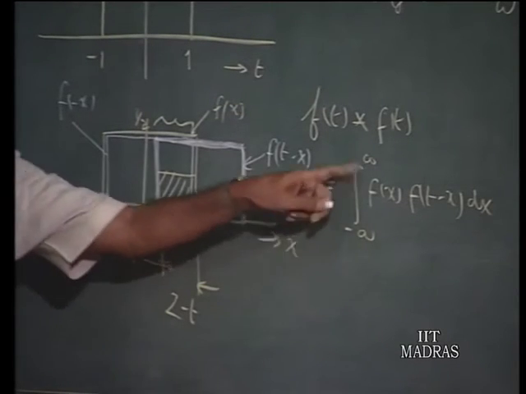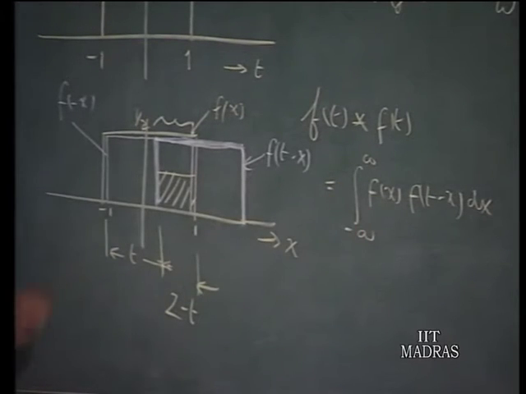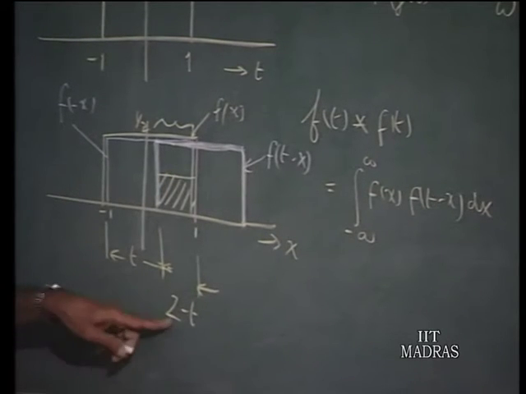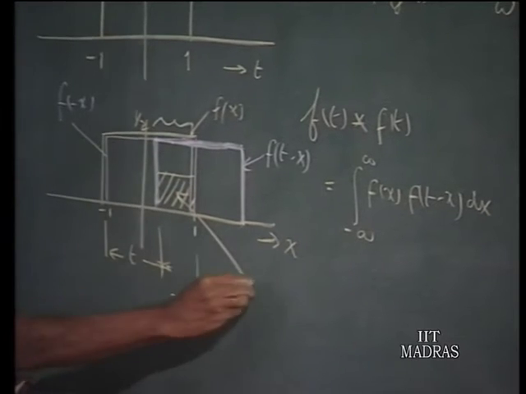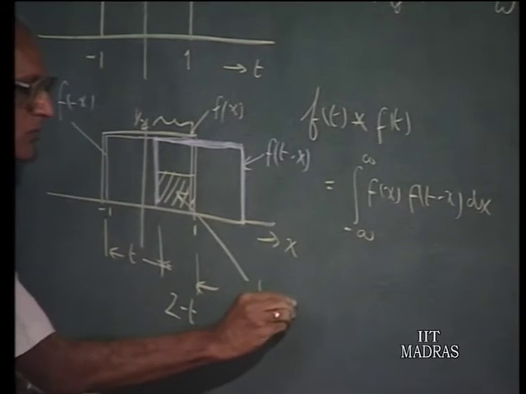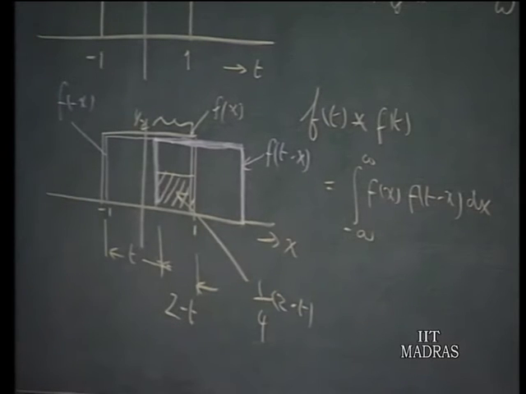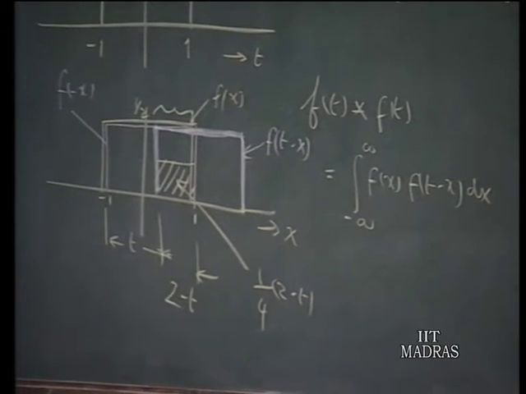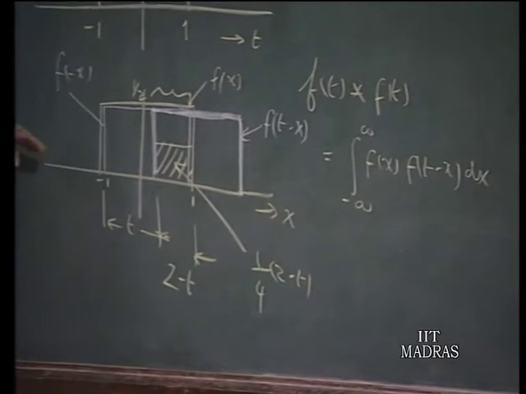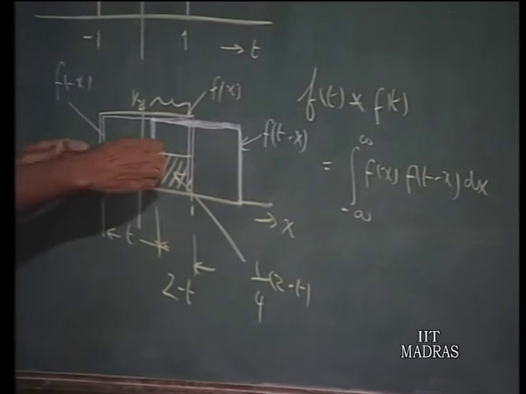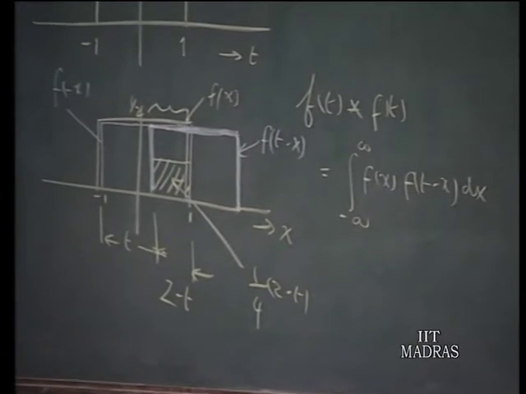After all, this represents the area under this curve, and this is the area that you get. Amplitude, the height, is 1/4 and the duration is 2 minus t. Therefore, the area of this will be 1/4 times 2 minus t. That would be the value as you push forward this curve in the positive direction. If you push it in the negative direction, you get a similar expression.